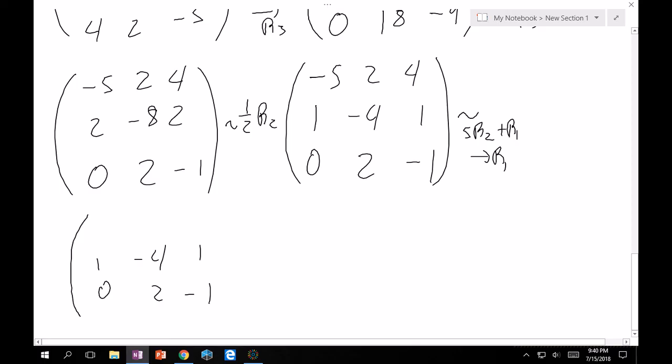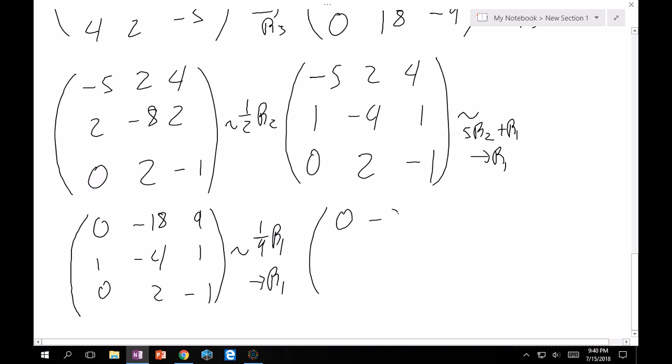The top row then is going to go to 0, minus 18, and then 9. Cool. Again, let's do a 1/9 R1, and that is onto R1. So the first row is affected: 0, minus 2, 1, then 1, minus 4, 1, then 0, 2, minus 1.